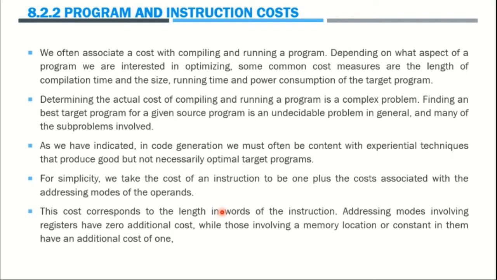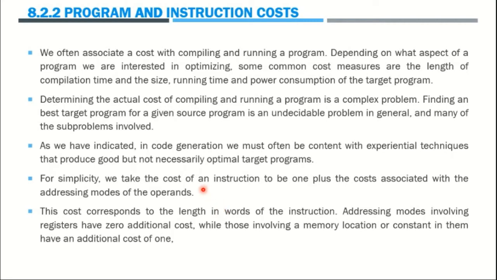We are not able to directly calculate how much cost or time is required to complete the execution of that code, because that execution may involve some number of sub instructions or sub problems. That's why we are not able to easily estimate the cost of any program or instruction.